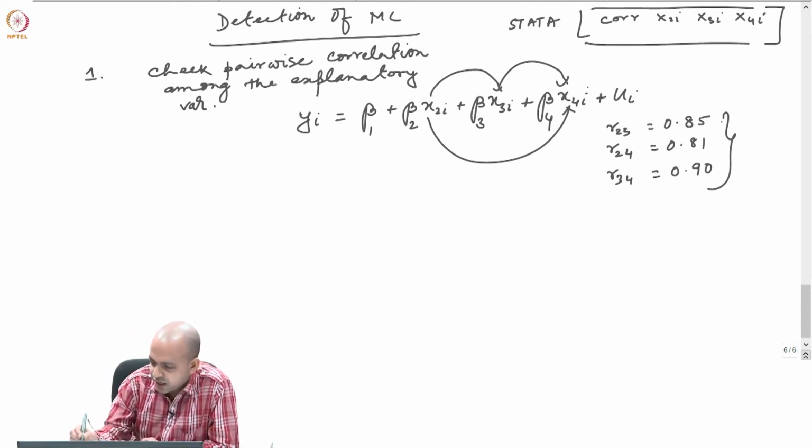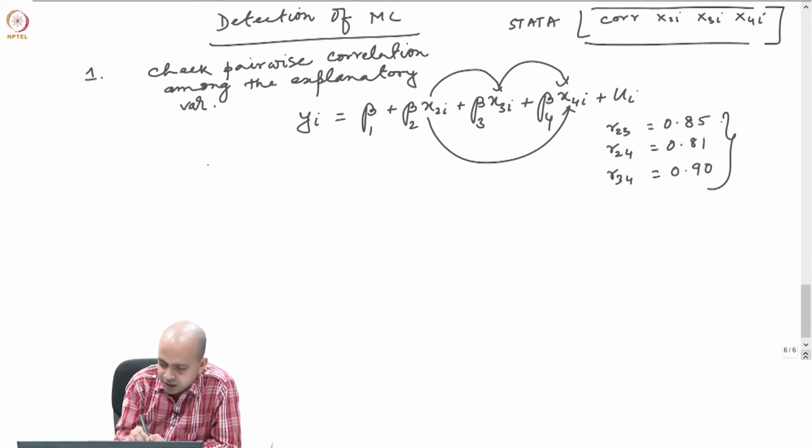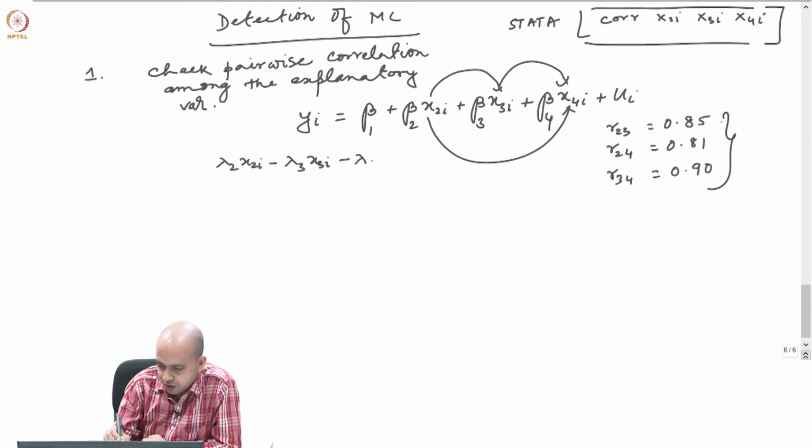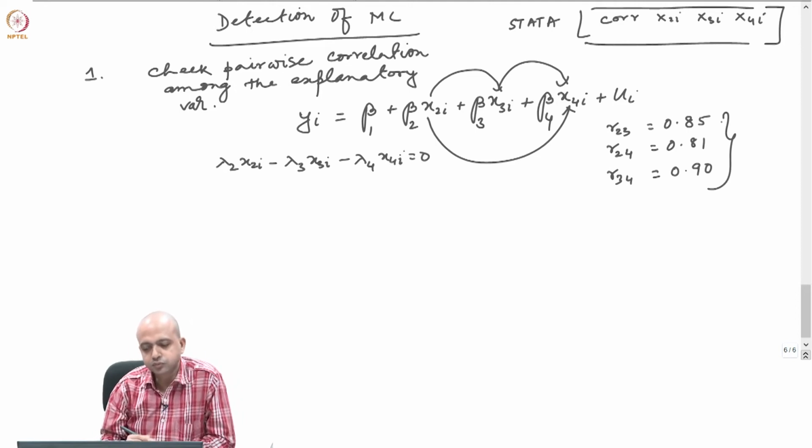For example, let us say I am assuming that x4 is highly correlated with x2 and x3. That means, let us say, lambda 1 x1i plus lambda 2 x2i minus lambda 3 x3i minus lambda 4 x4i equals 0.